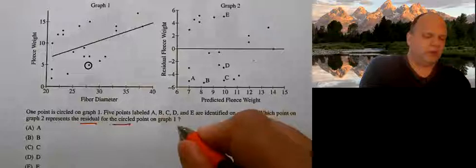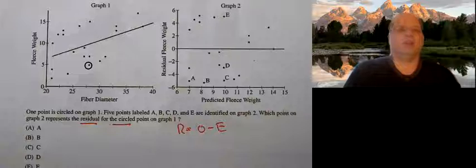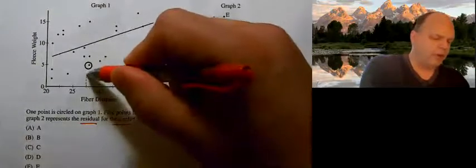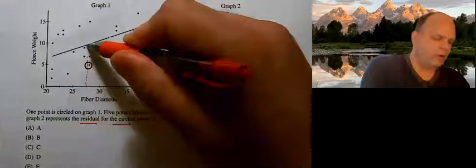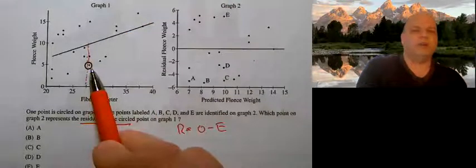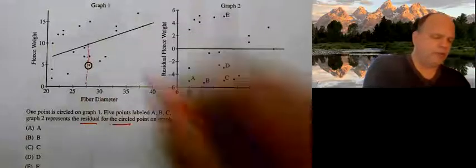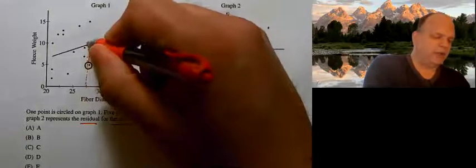Well, remember, residual equals observed minus expected. Okay, so we have this dot right here, and this is what we observed. And we observed a 5, and this line is our predicted line.